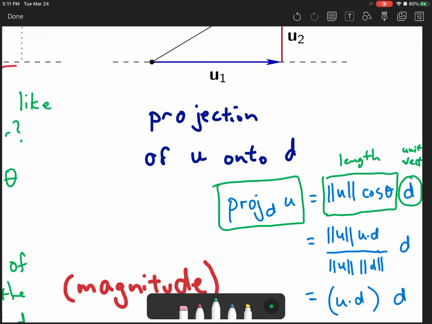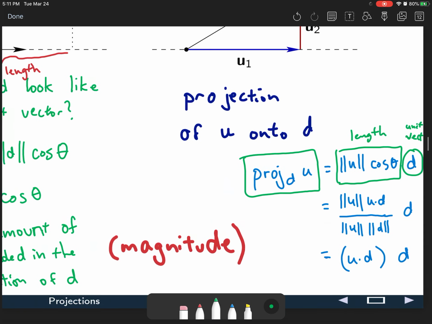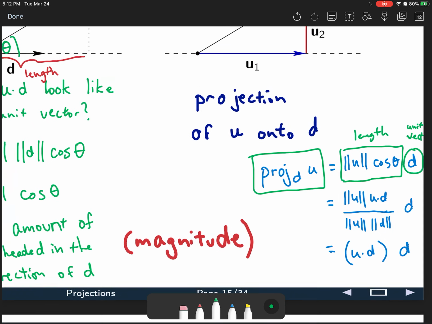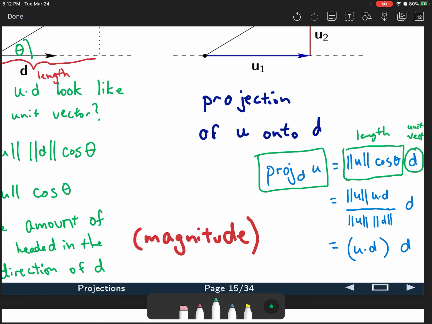And just to put this back into a dot product kind of format, we can solve again for the cosine of theta using our dot product formula. That means the cosine of theta turns into u dot d over the magnitudes of both of those vectors.